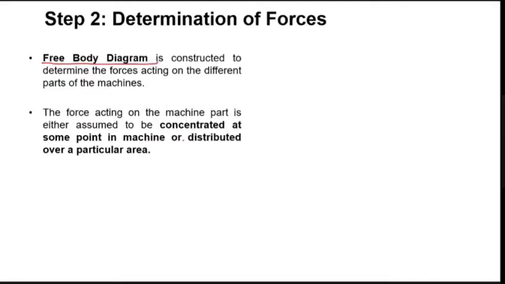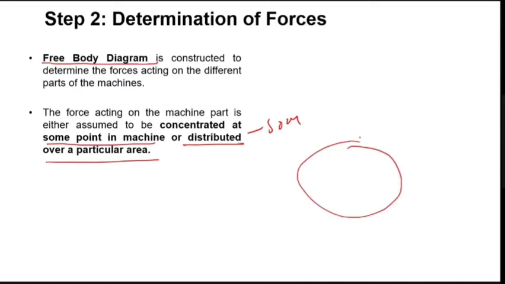Now, this force acting on the machine part is either assumed to be concentrated at some point in the machine or distributed over a particular area. You have also studied this in strength of materials, whether it is a point load, a uniformly distributed load, or a uniformly varying load. Try to understand this. For example, this is a circular shaft.